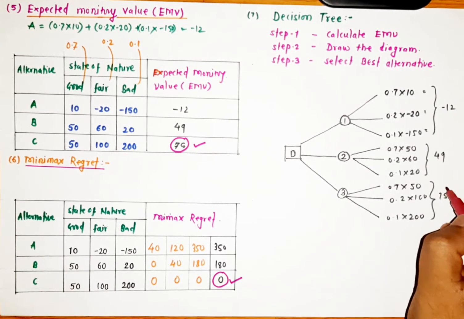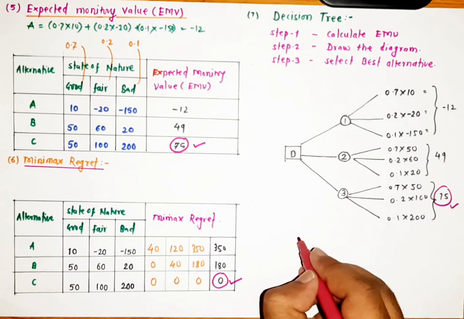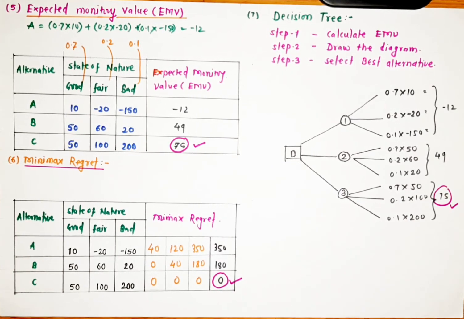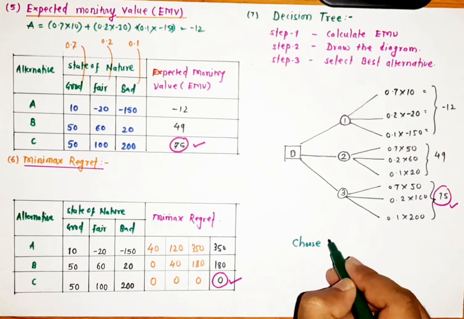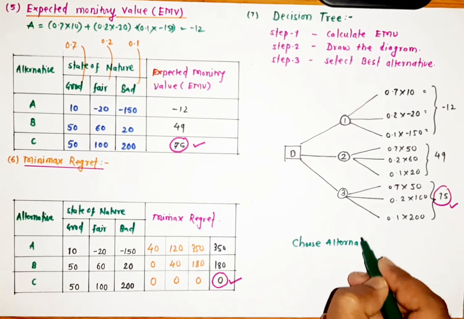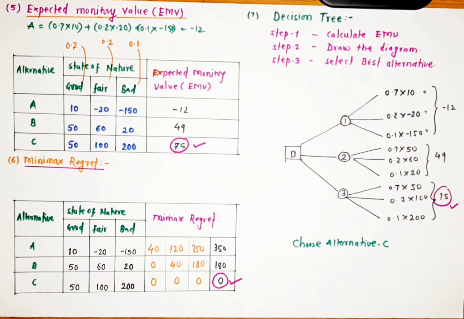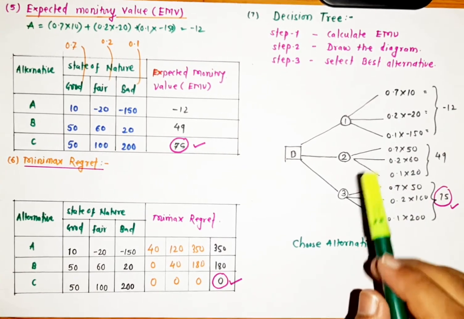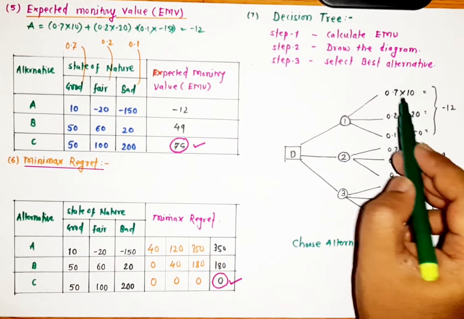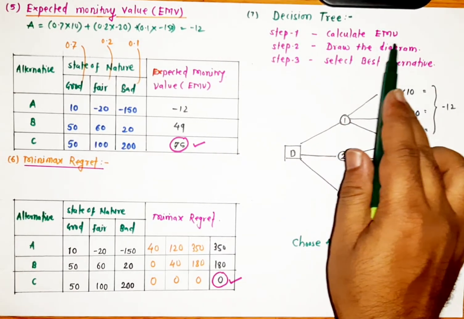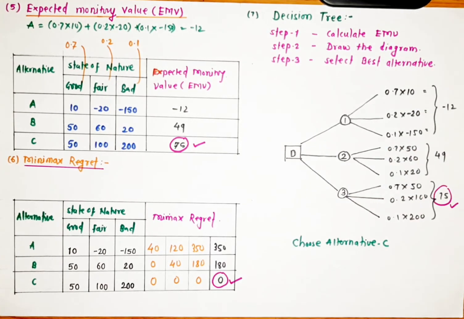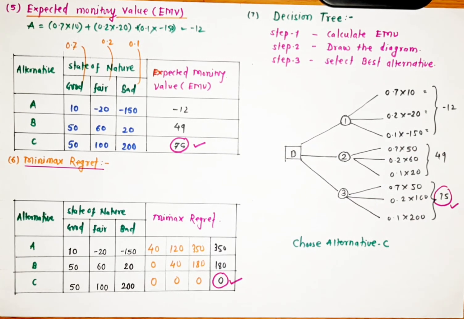The maximum value is 75, therefore choose alternative C. So this is all about expected monetary value, and this is all about the decision tree, where we draw the decision tree using the expected monetary value, which completes the problems related to decision under uncertainty.